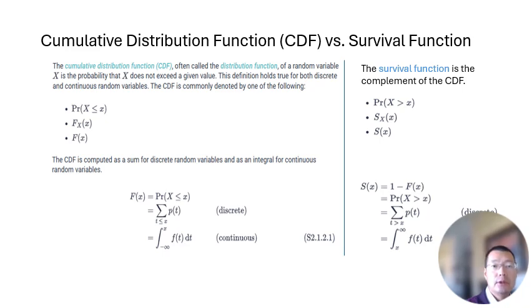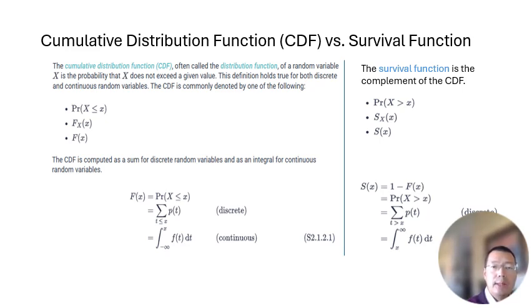The CDF is commonly denoted by one of the following. It is the probability that capital X is less than or equal to small x, or we can also denote it as capital F(x). The CDF is calculated as the sum over the values for a discrete random variable and as an integral for a continuous random variable. Those are the two formulas shown here.